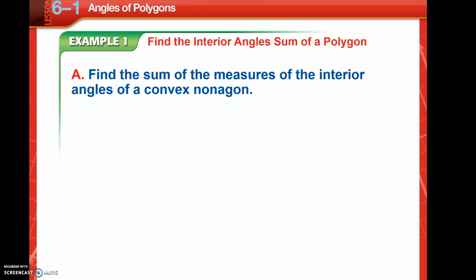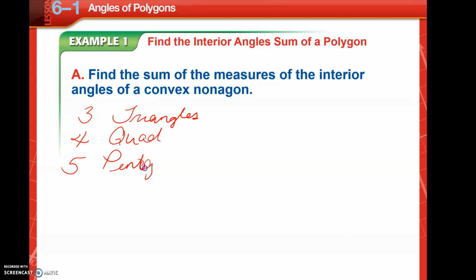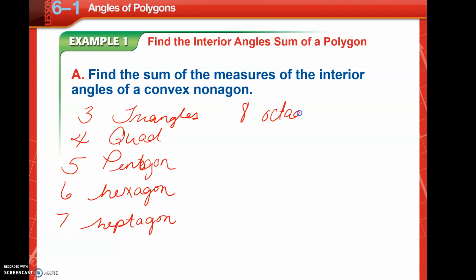Remember, they're named by their sides. 3 sides are triangles. 4 sides is a quadrilateral. 5 sides, pentagon. 6 sides, hexagon. 7 sides is a heptagon. 8 sides is an octagon, and 9 sides is a nonagon. 10 sides is a decagon.